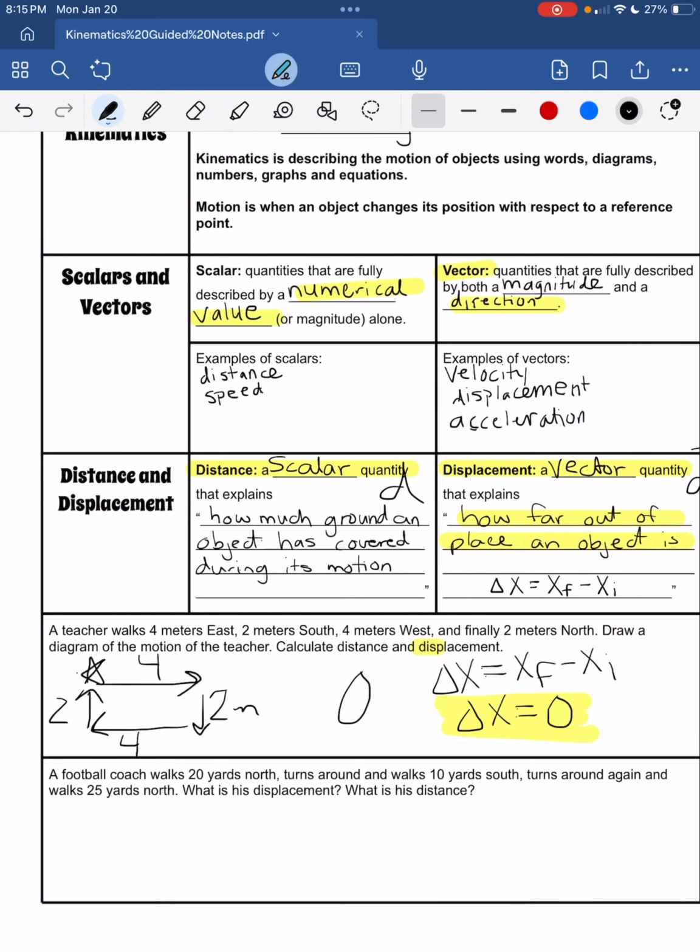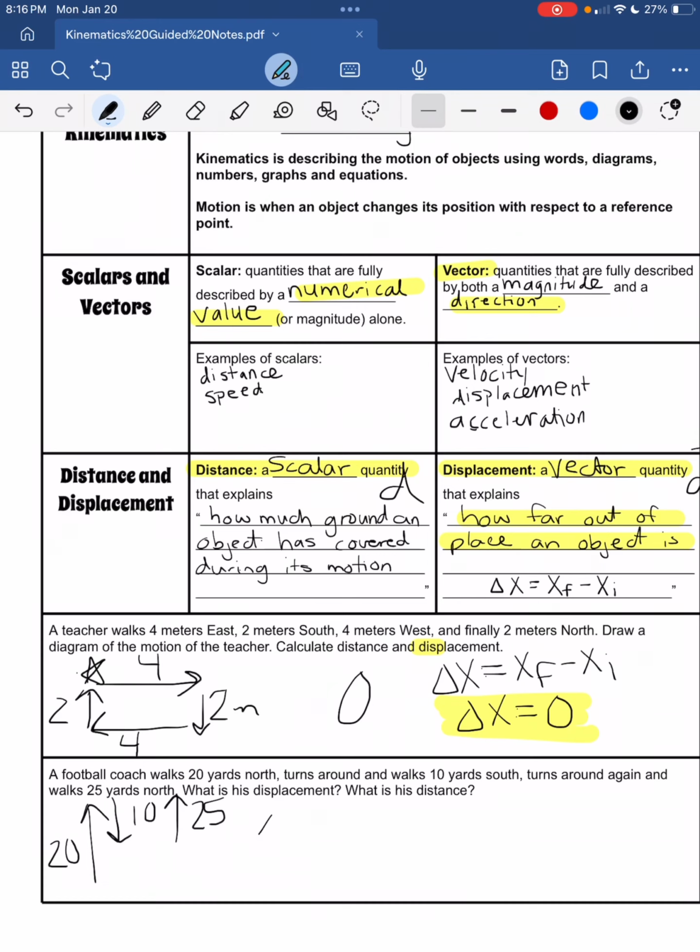And again, if we look at the football problem, the football coach walks 20 yards to the north, turns around, walks 10 yards south, turns around again, and goes 25 to the north. What is his displacement?